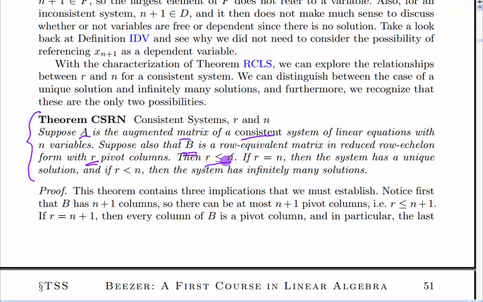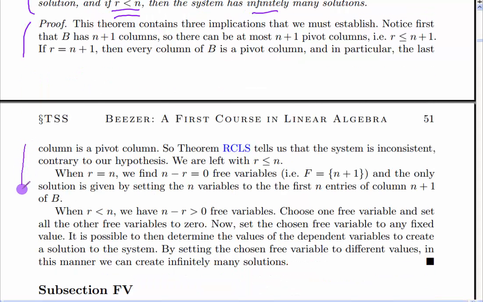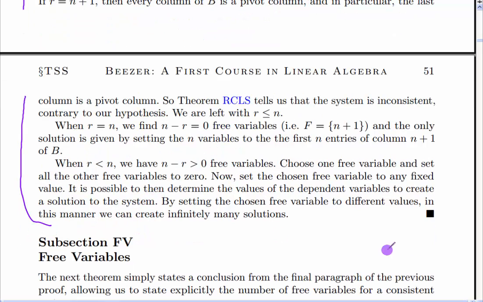Then in order to be consistent, R must be less than or equal to n, because n plus 1 is not a pivot column. Now, if all the columns except for the last column are pivot columns, then there are no free variables. That means the system has a unique solution. But if the number of pivot columns is less than n, then there's a free variable, and the system has infinitely many solutions. Now, this proof basically expresses what I just said. You can read it through and see that it corresponds to exactly what I said.